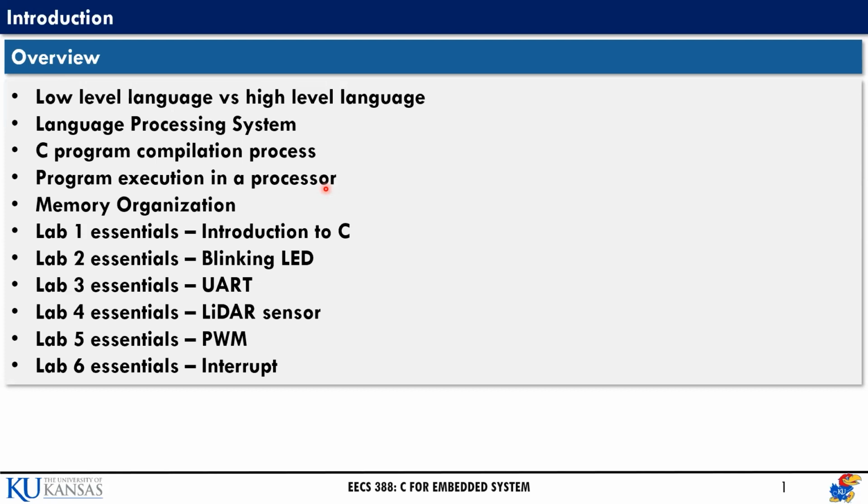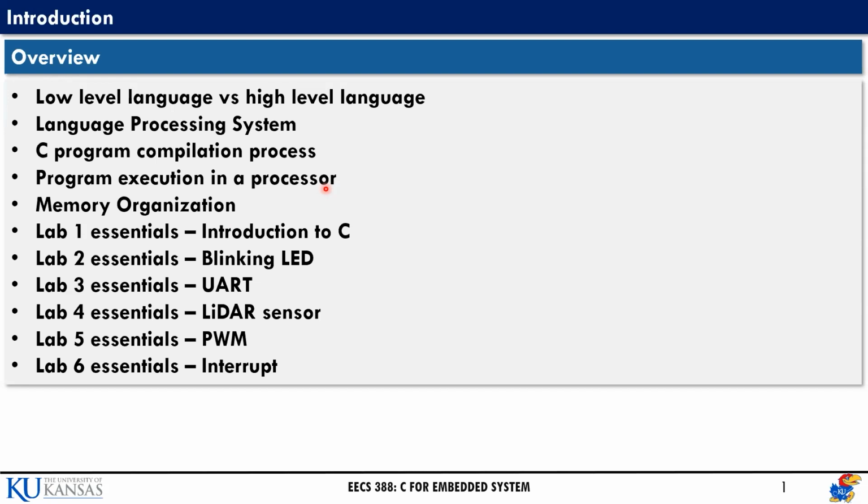Next, we are gonna go through in detail how we can compile our source code, that is a C program, and there are different stages during the compilation, and we're gonna go briefly over how each stage is converting our code from one stage to the other, and finally into the machine language code.